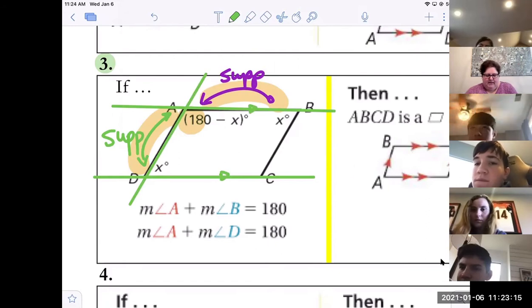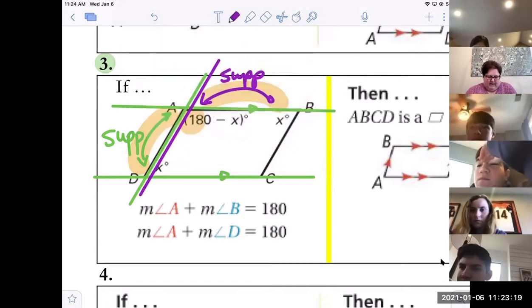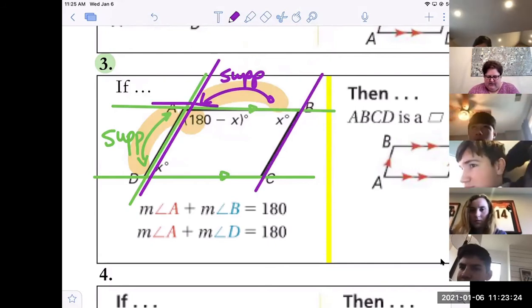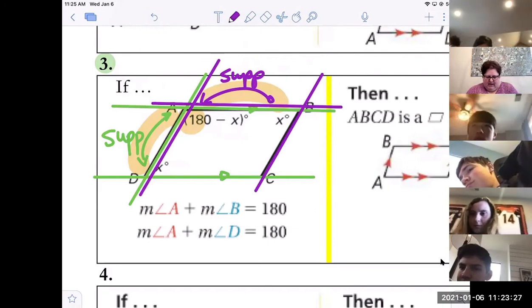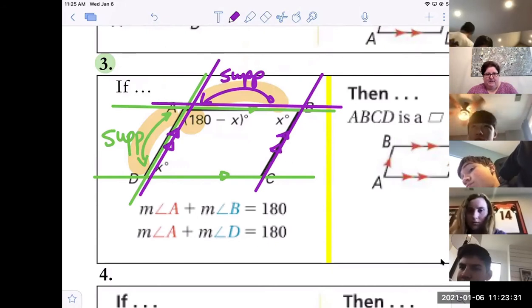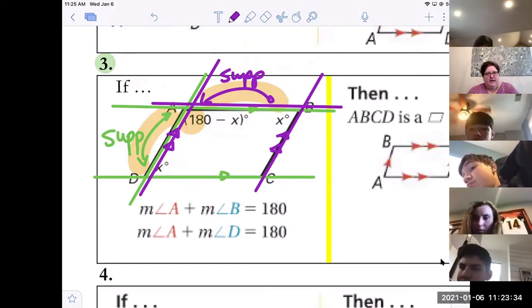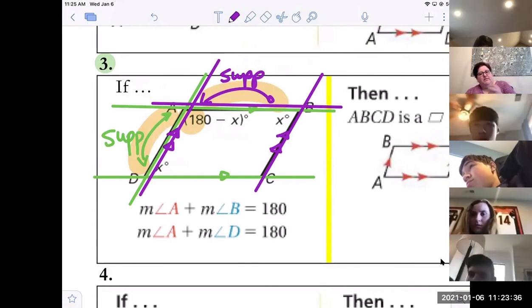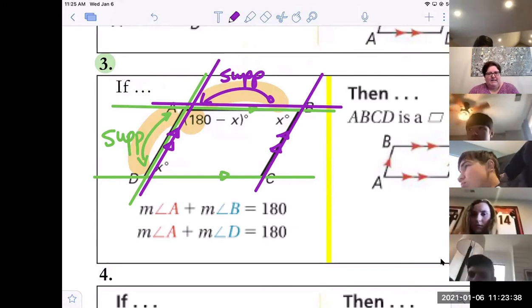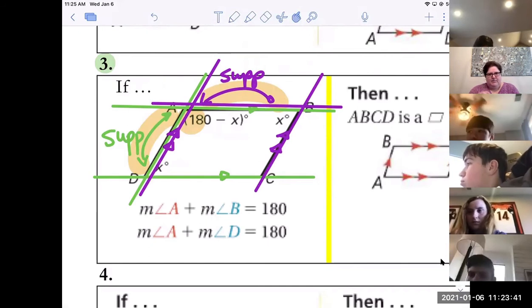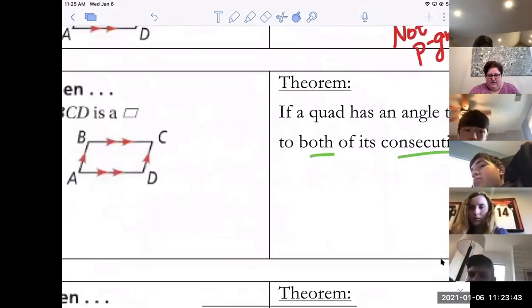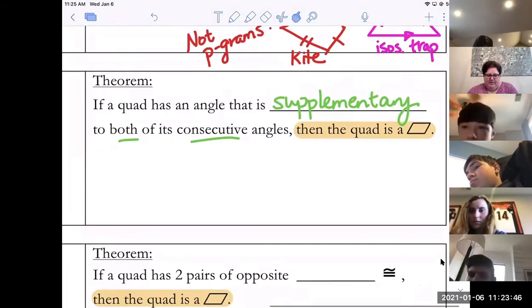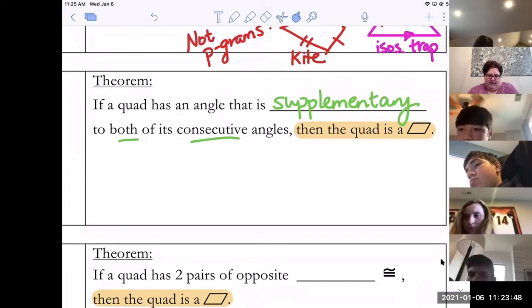If we do the same thing with the purple lines, if those are supplementary, that would make those sides parallel. And then you have a parallelogram because it has two pairs of parallel sides. So you don't actually have to check all of the consecutive angles being supplementary. It is sufficient to know that one angle is supplementary to both consecutive angles.